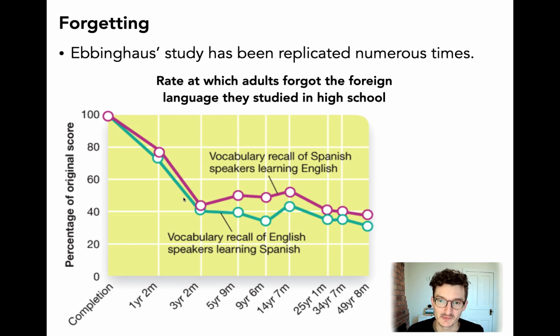But what they do remember of the second language sticks around for like 50 years. So a very impressive, what we would call longitudinal study, looking at changes in memory over a very, very big length of time.